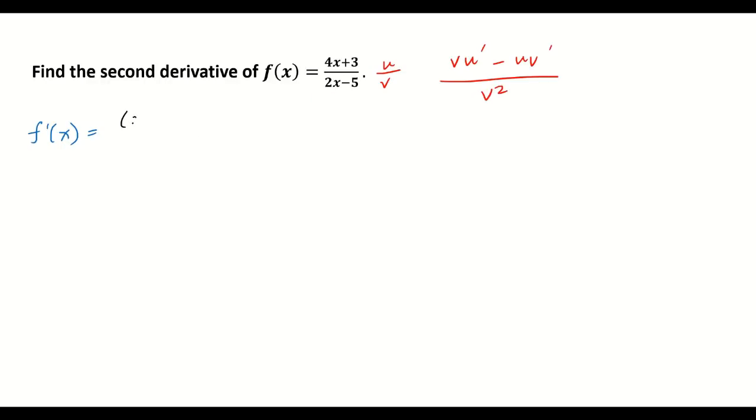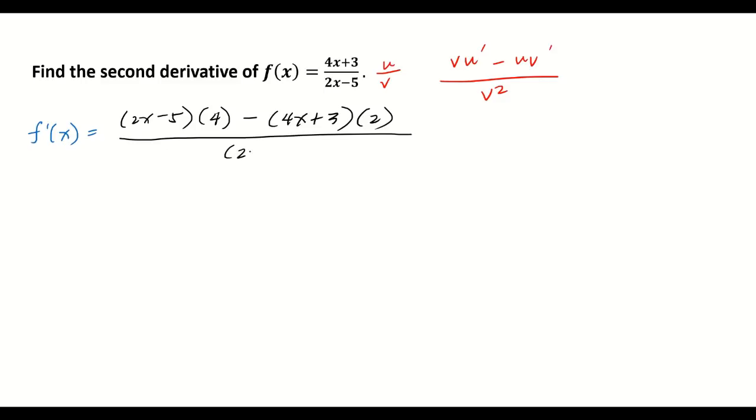So we have v, 2x minus 5, multiplied by u prime, and that would be the derivative of 4x plus 3, which is 4, minus u, 4x plus 3, times the derivative of 2x minus 5, which is 2, over the square of 2x minus 5.